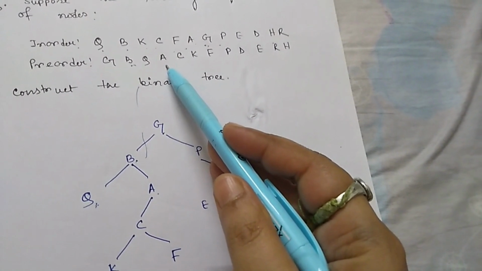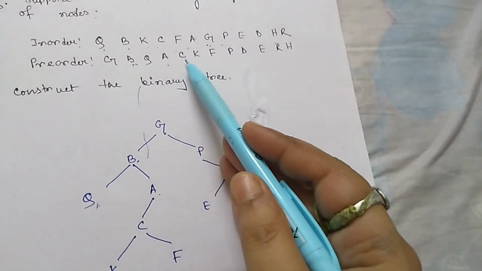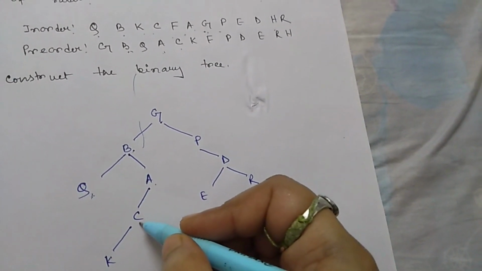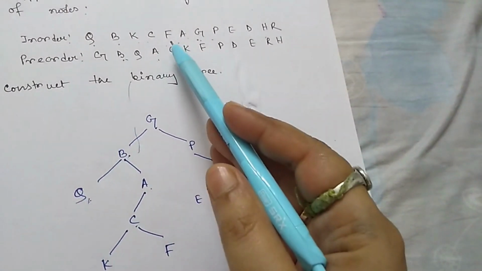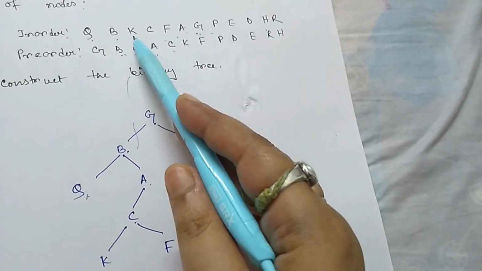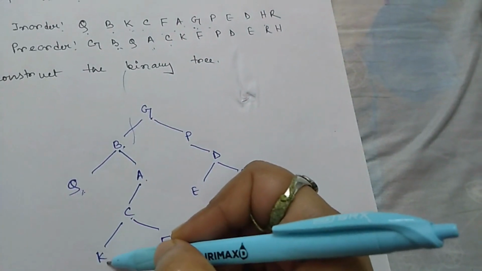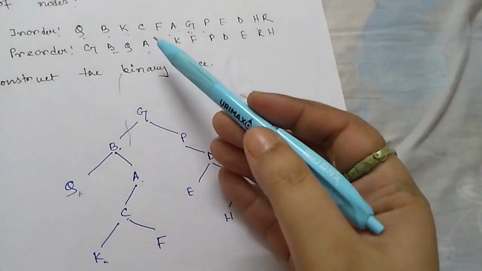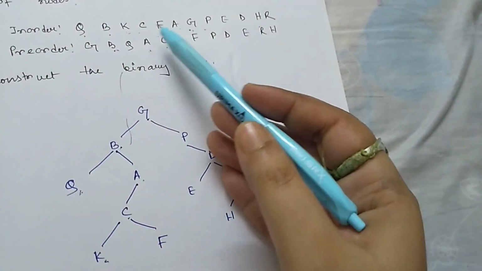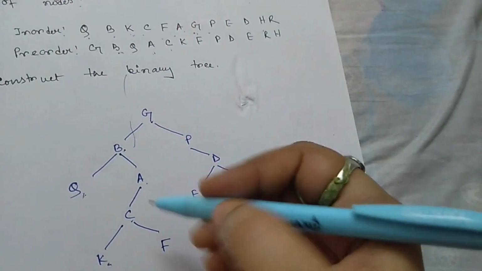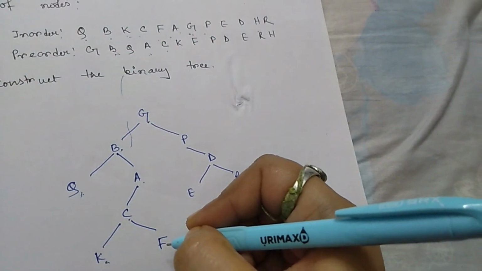Again we find the next root value. After K, A, we find that C is the next root value. So here we draw C, and of the remaining values, K is situated in the left position of C. That is why K is in the left position, and F is situated in the right position. For that reason F is drawn here.